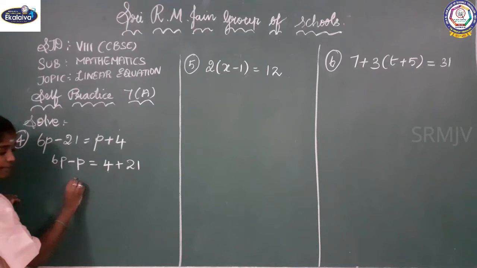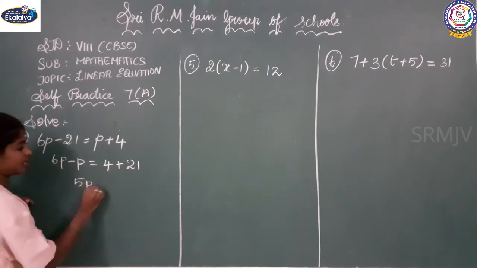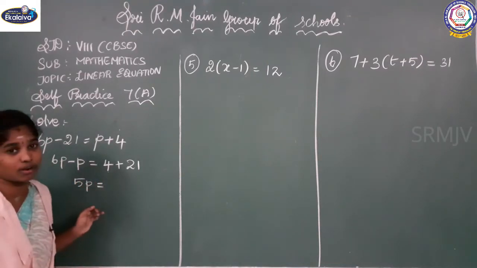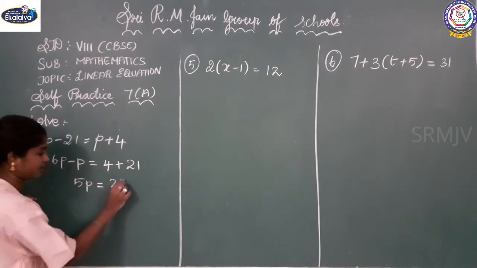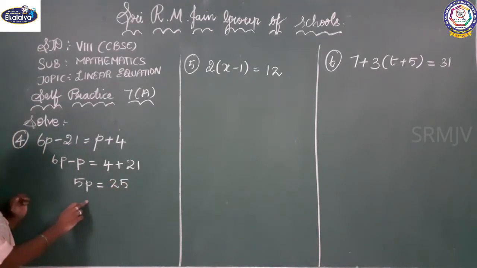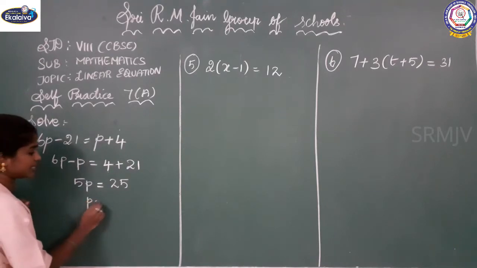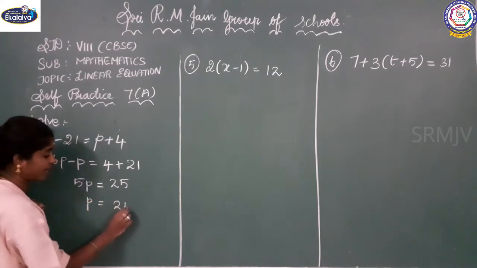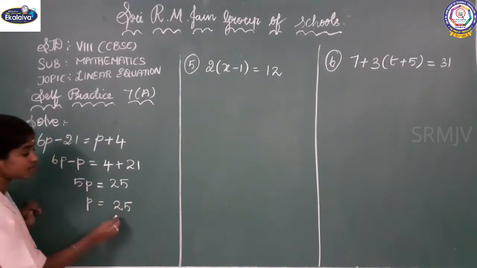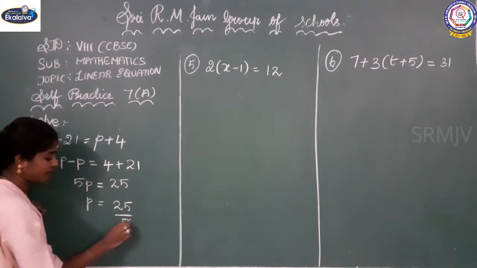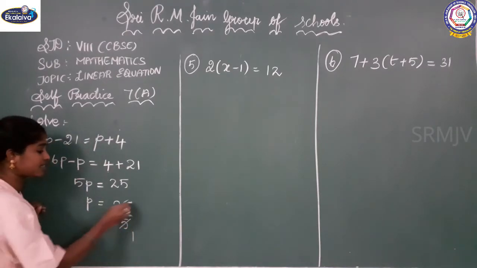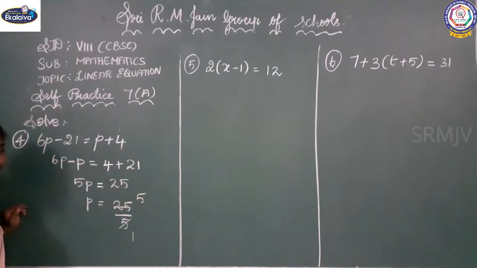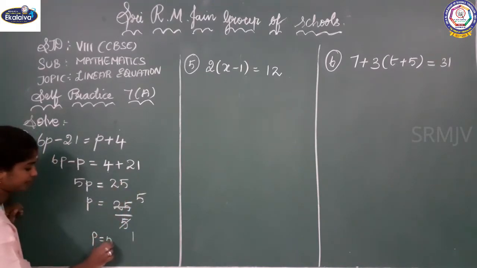That is 5p, right? Is equal to 21 plus 4, 25. I need to find the value of the variable p. So p is equal to 25, this into 5 becomes division 5. So we will get 5 ones are 5, 5 fives are 25. So the value of p is 5.